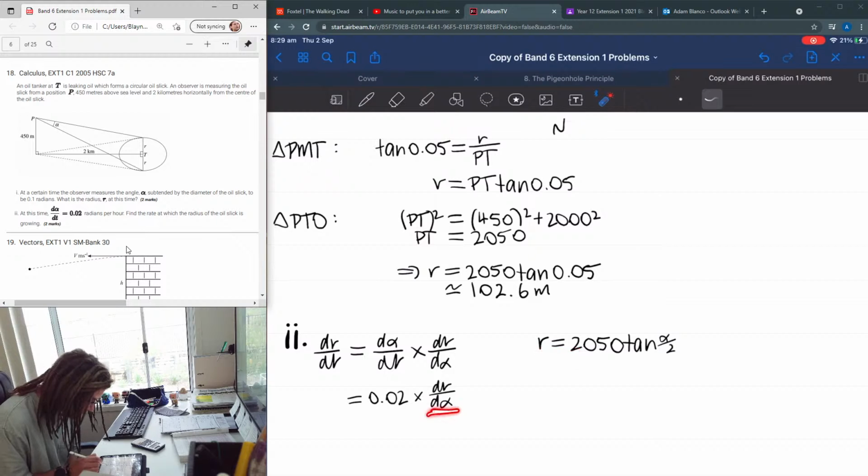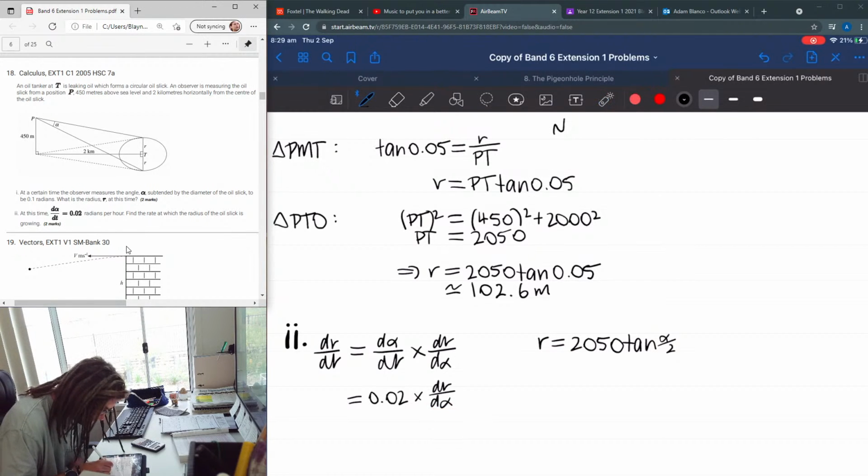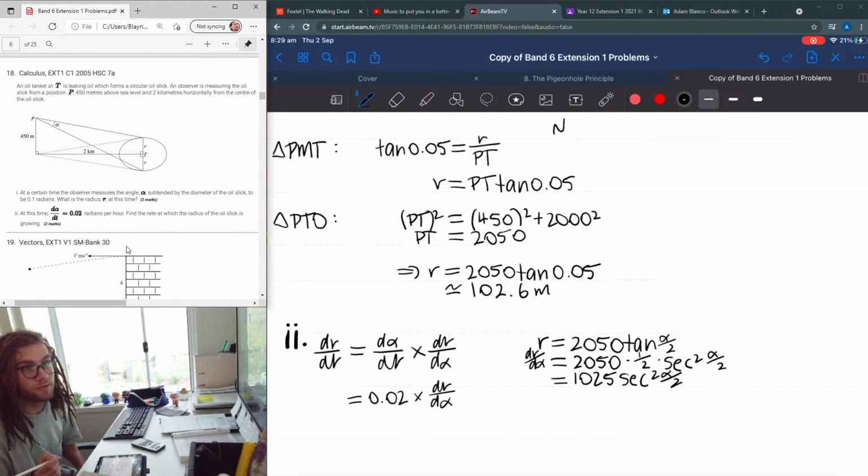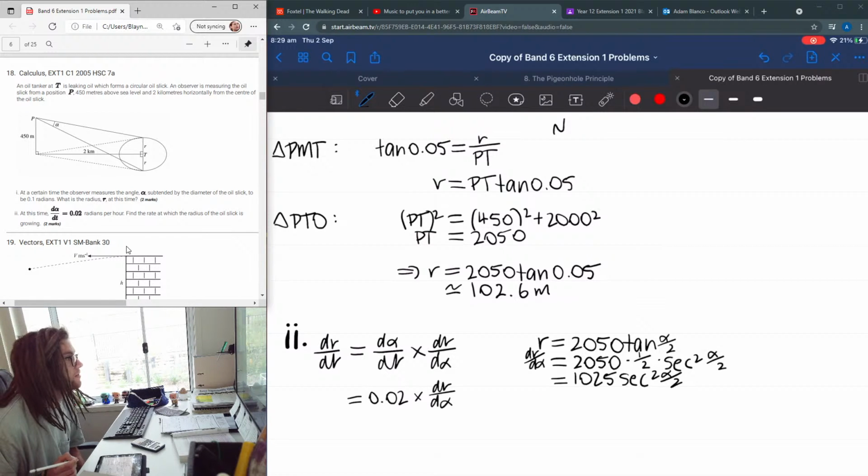Now I can differentiate that. So then dr d alpha is equal to, so that's times by the derivative. Tan becomes sec squared. Keep the inside. That's 1025 sec squared alpha on 2.